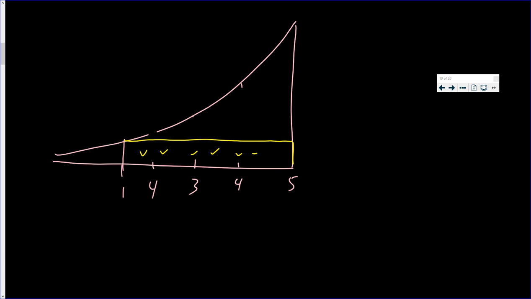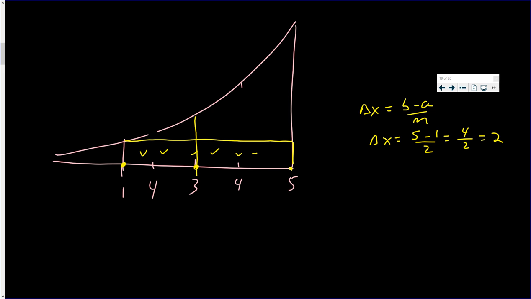Well, that means that the base, which is b minus a over the number of intervals, this would tell me that b is 5, a is 1, and we're going to do 2 intervals. So it's 4 over 2, which is 2. That is, here's 1, I go 2 over, and then 2 over. Here would be my second one.